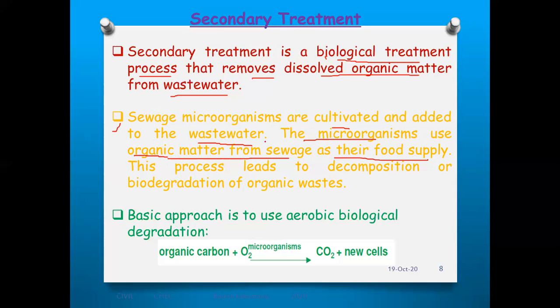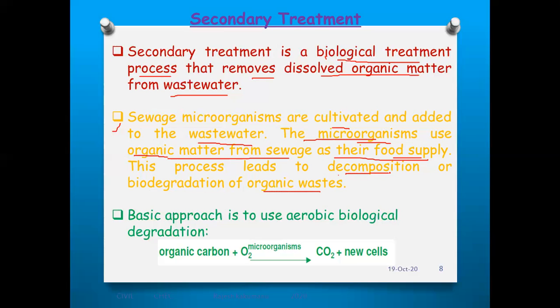It decomposes because of these microorganisms, because they need food to survive, so they depend on this organic matter. This process leads to decomposition or biodegradation of organic waste. Understood? Very simple concept.